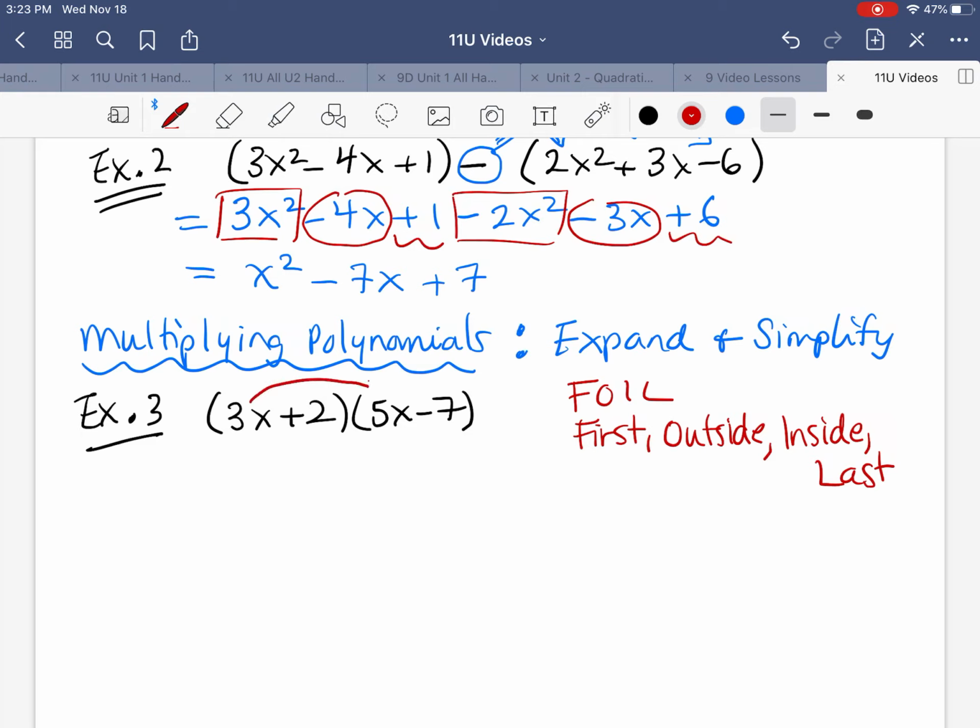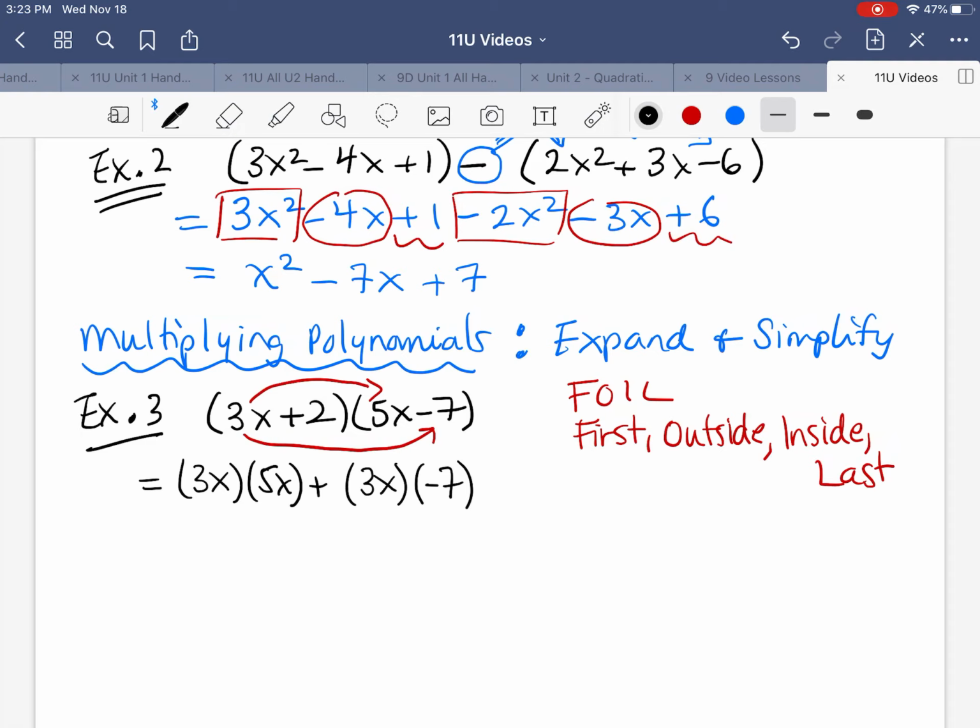So we're going to do first, which means we're going to do 3x times 5x. We're going to do outside, so that means 3x times -7. And notice I'm always going to put a plus sign in between those pairs that are being multiplied together.